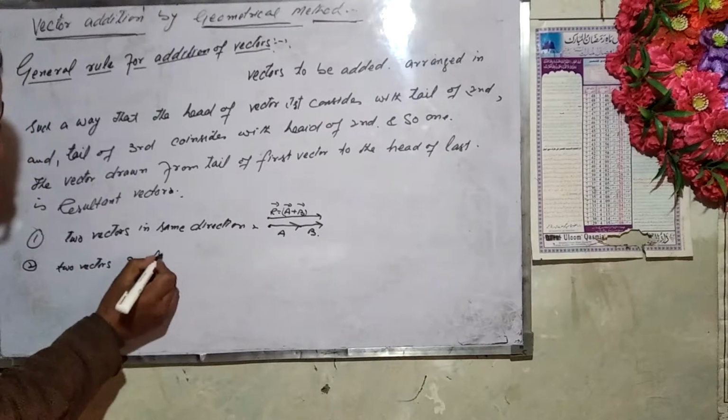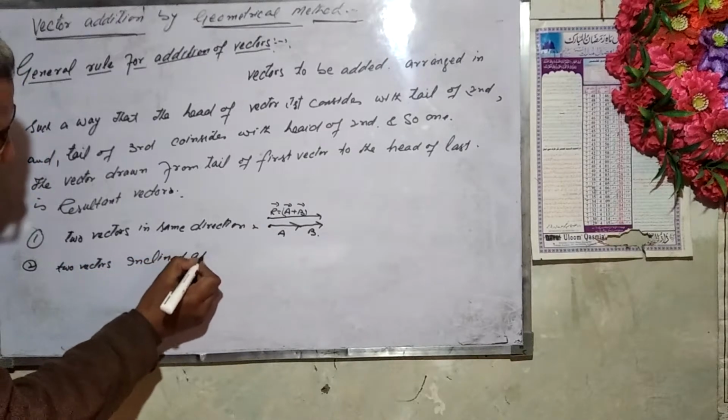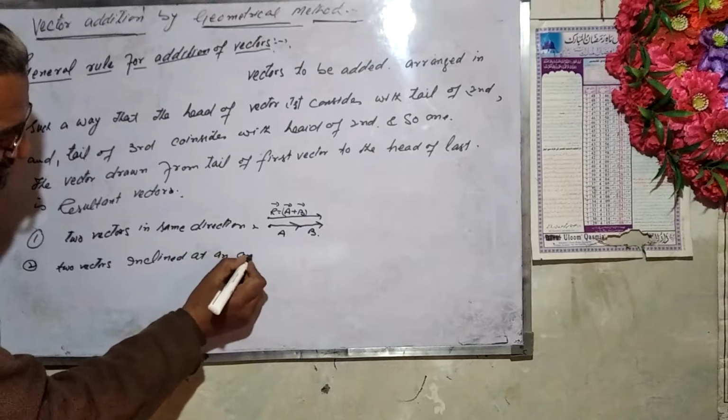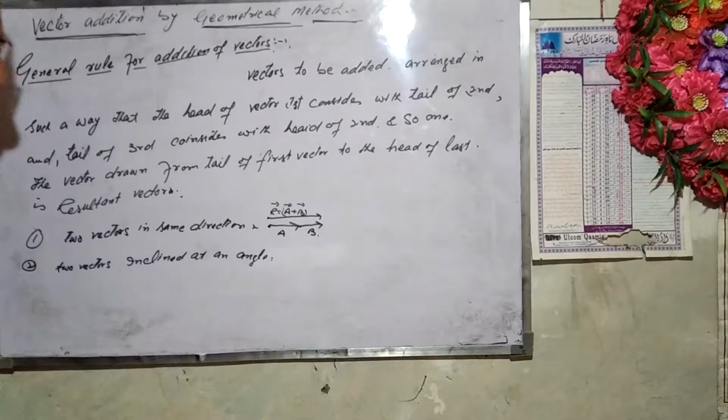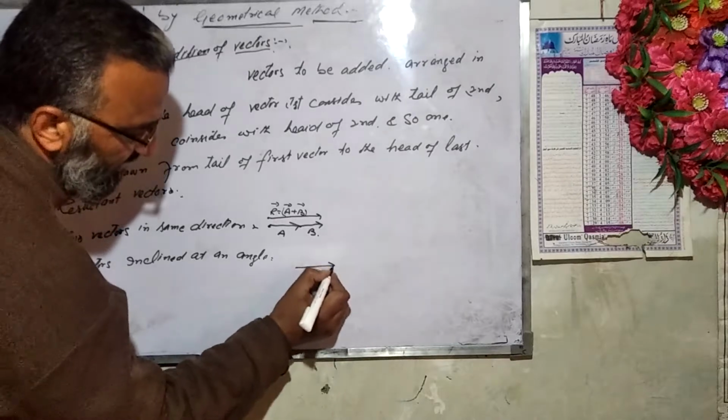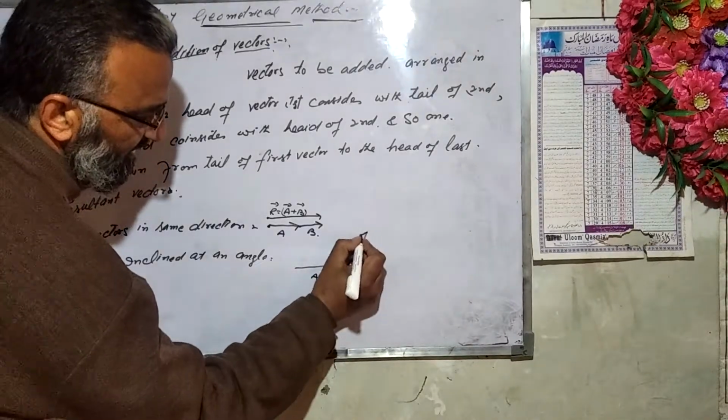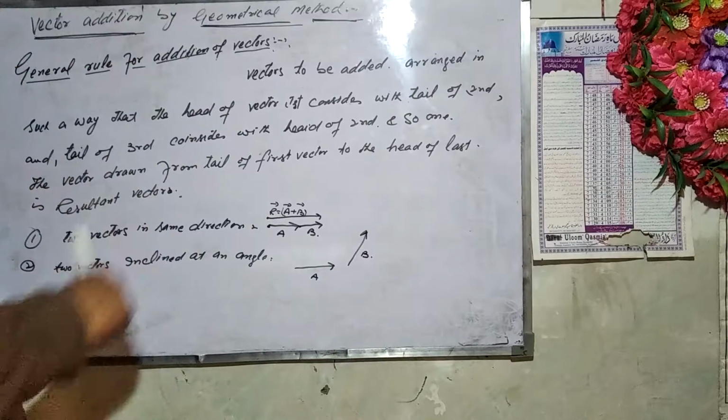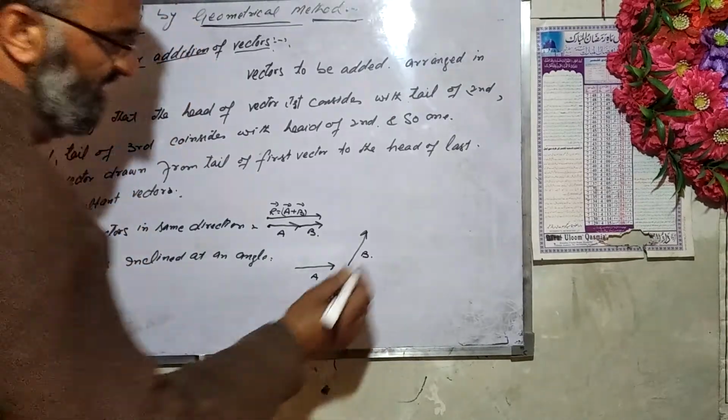Or now two vectors inclined at an angle. For example, we have vector A and vector B. They are inclined at an angle theta. So what is the resultant?